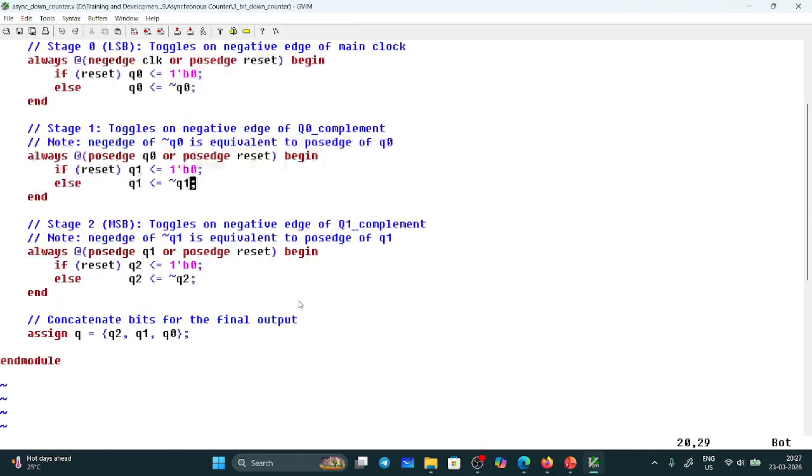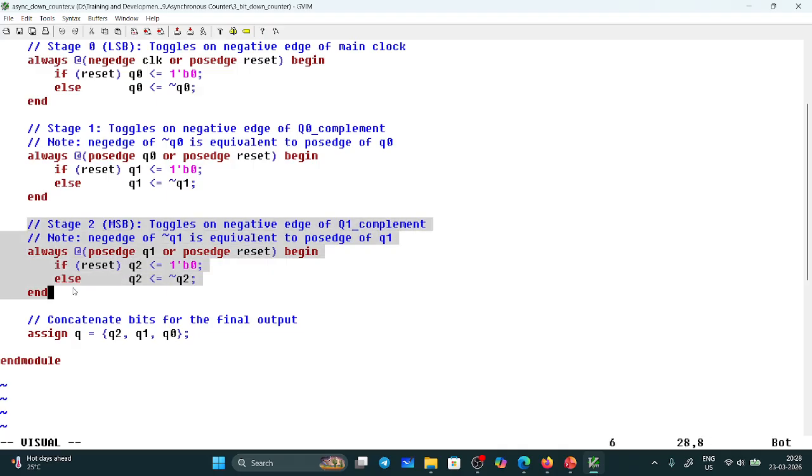Okay, and stage 2 toggles on negedge of complement of Q naught. So negedge of complement of Q1 is equivalent to what? Posedge of Q1. So always at posedge of Q1 or posedge of reset, begin if reset equal to 1, Q2 equal to what? I am initializing to 0, else Q2 equal to not of Q2.